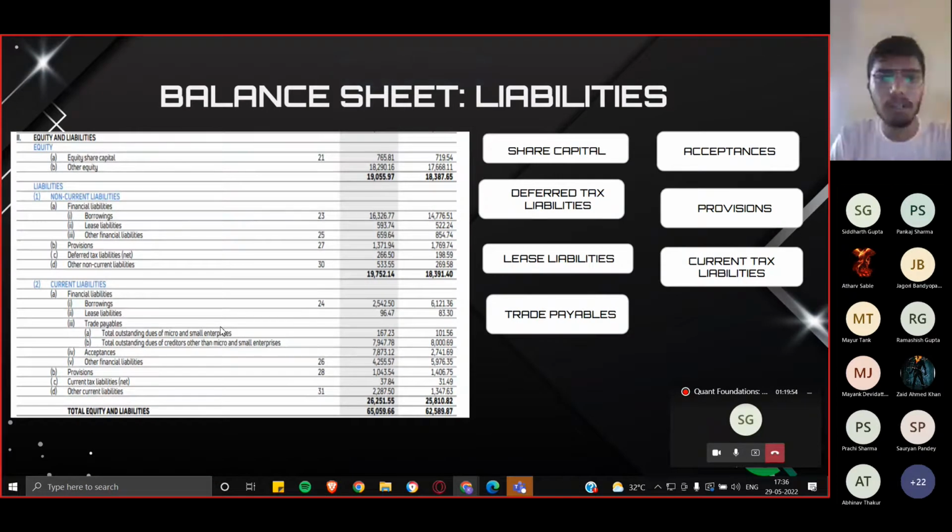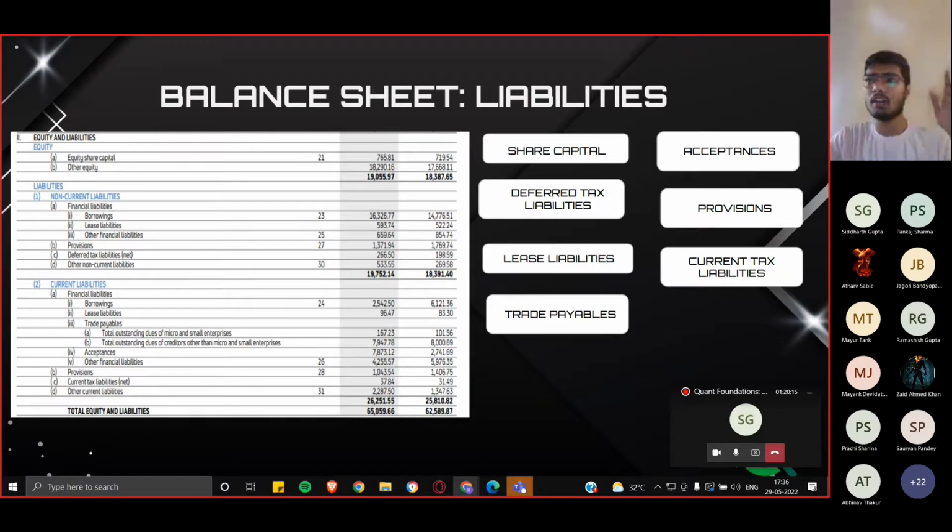We'll talk about the balance sheet liabilities. Okay, equity share capital. Why is equity in this section, equity and liabilities? Suppose you have given money to these companies for their shares, right? But a share is not something, it's just a certificate, right?